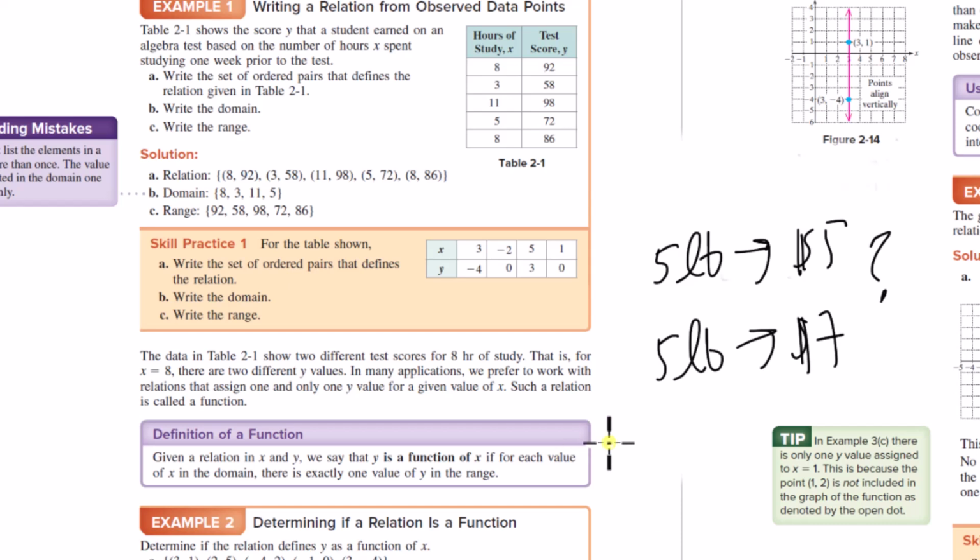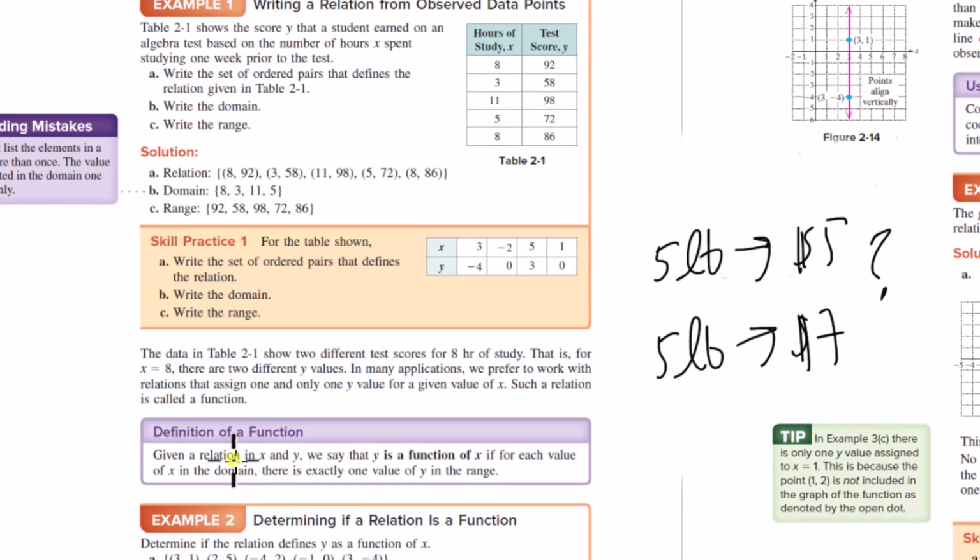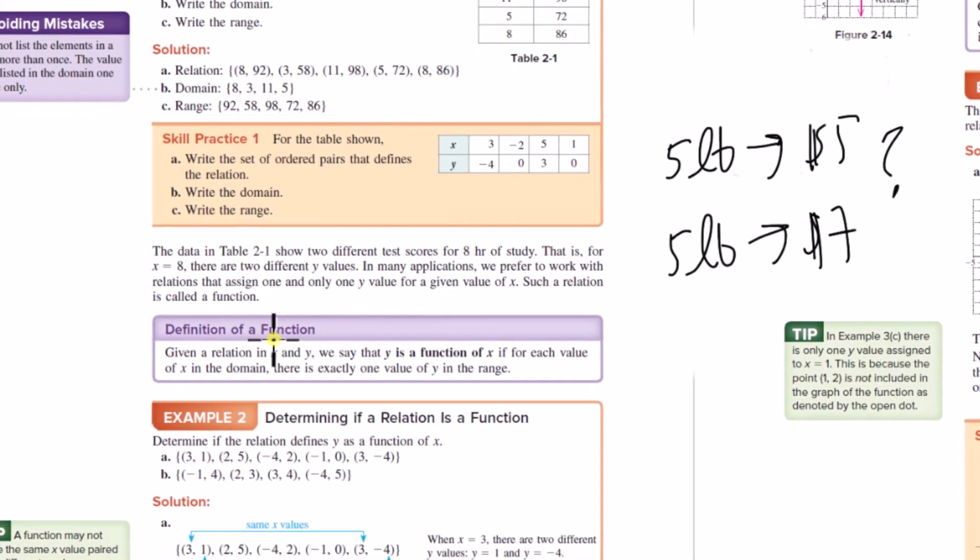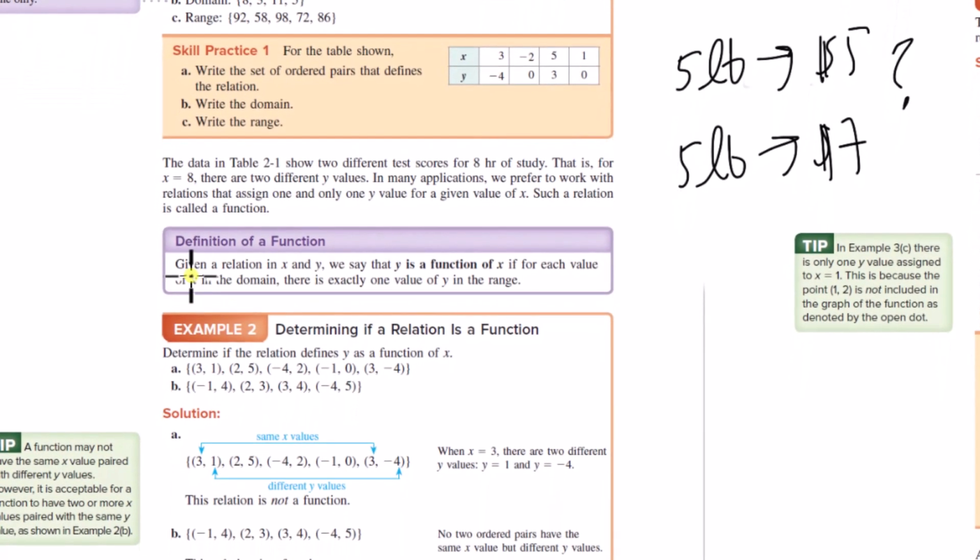Now, it's not every relation. We just saw an example of a relation that's not a function. But again, a lot of relations are going to be functions. If we look at the definition of a function, it says, given a relation in x and y, we say that y is a function of x if for each value of x in the domain, there's exactly one value of y in the range.